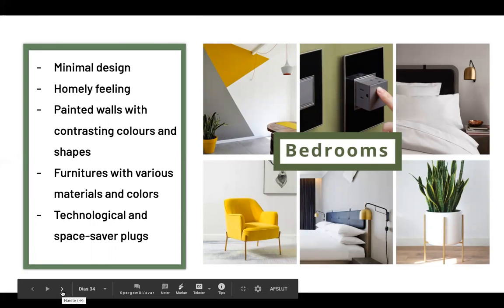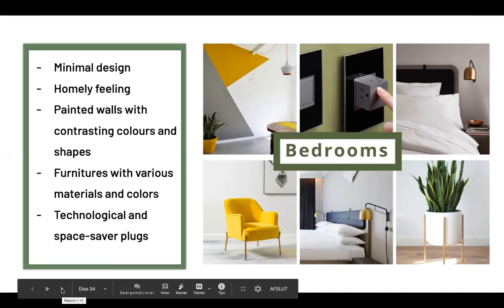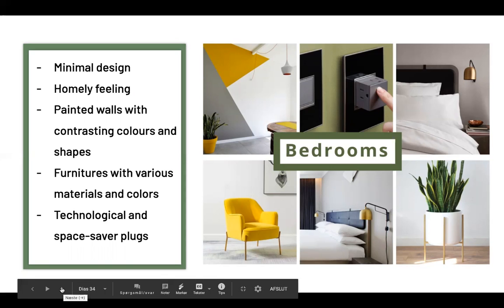Furniture is used with various materials and colors, such as velvet for armchairs or steel lampshades. We want to insert some technological features, such as international plugs that will come out of the wall by simply clicking on them. These will allow us to save a lot of space. And lastly, we wanted to create a greener place, placing some plants around the room.